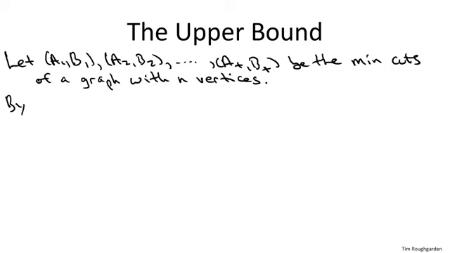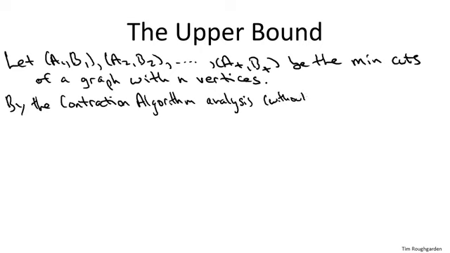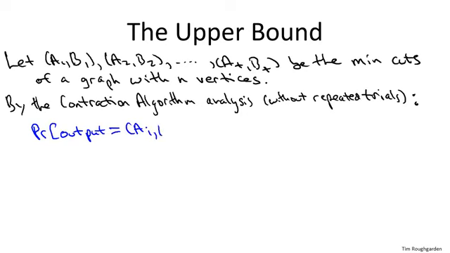And what we proved in the analysis is that the probability that the algorithm outputs the cut (A_i, B_i), not just any old min cut, but in fact this exact cut, is bounded below by, in the end we made a sloppy inequality. We said it's at least 1 over n squared, but if you go back to the analysis, you'll see that it was in fact 2 over n times (n-1), also known as 1 over n choose 2.